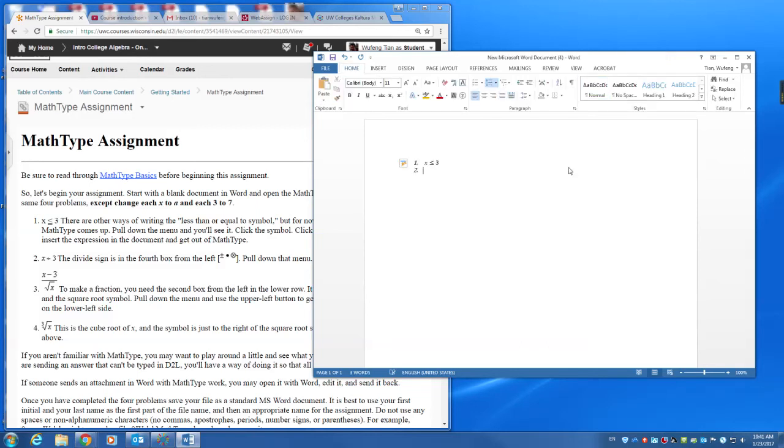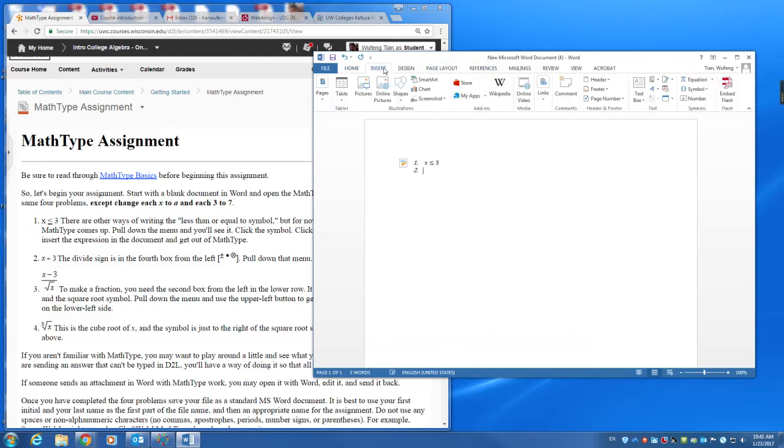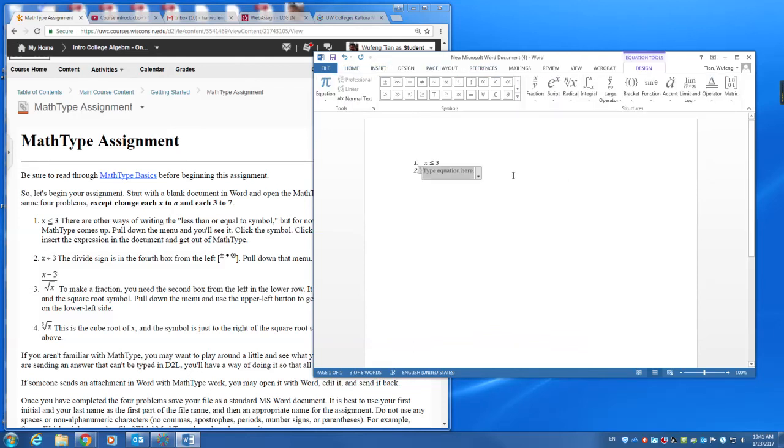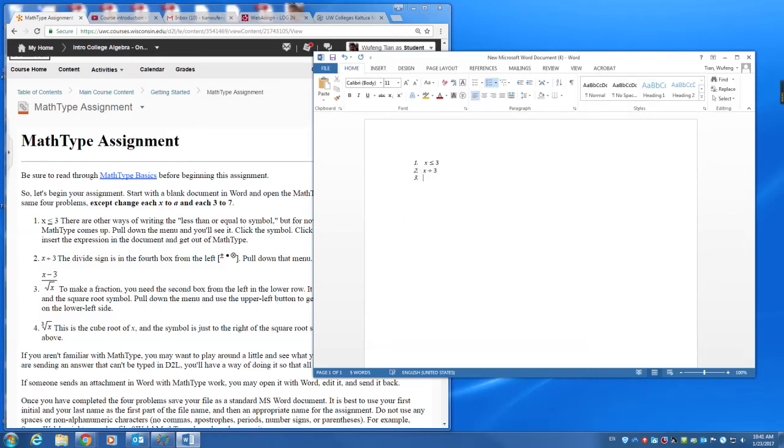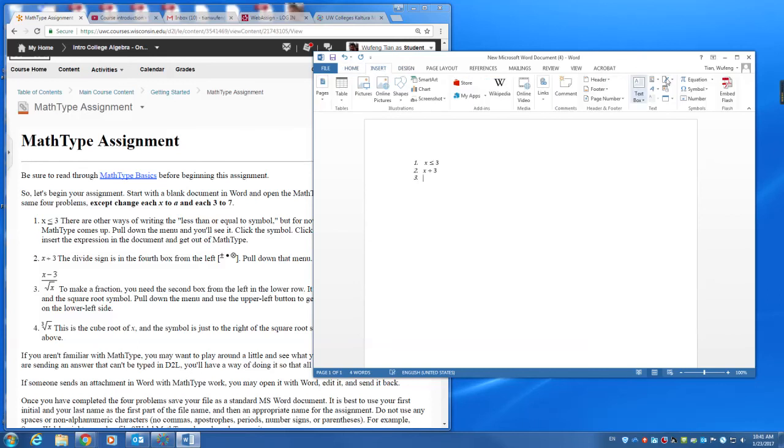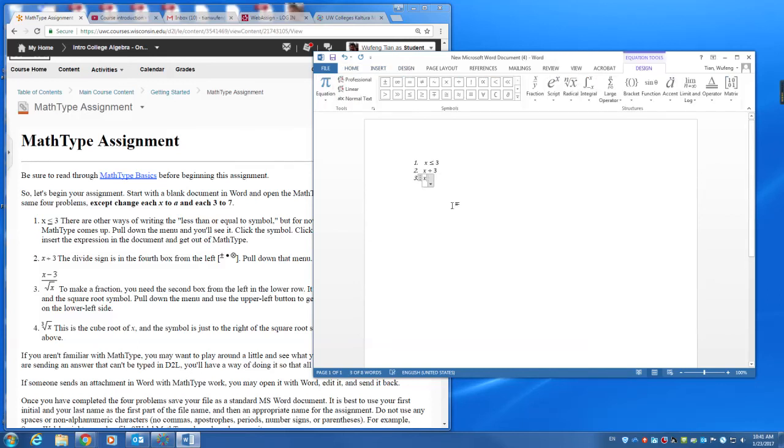The second one is x divided by 3. So I click insert math equation again. x divided by 3. So this is division by 3. Next one, fraction. Math equation. I want the equation x minus 3 over square root.